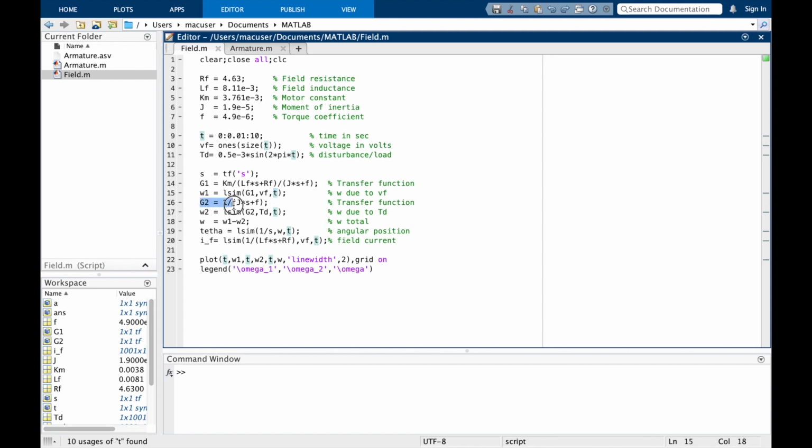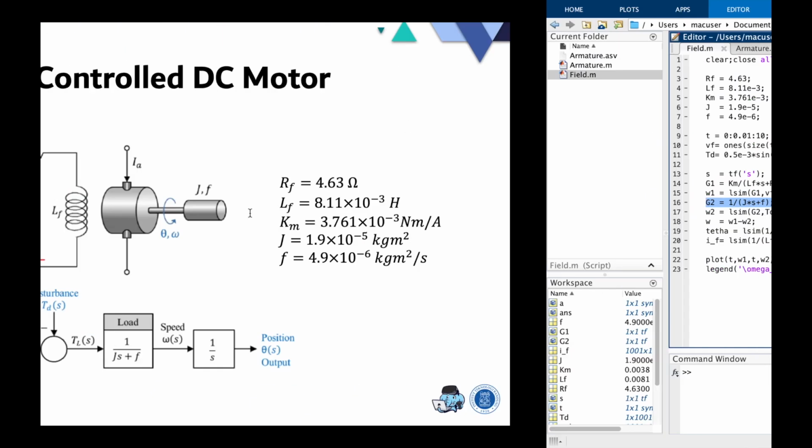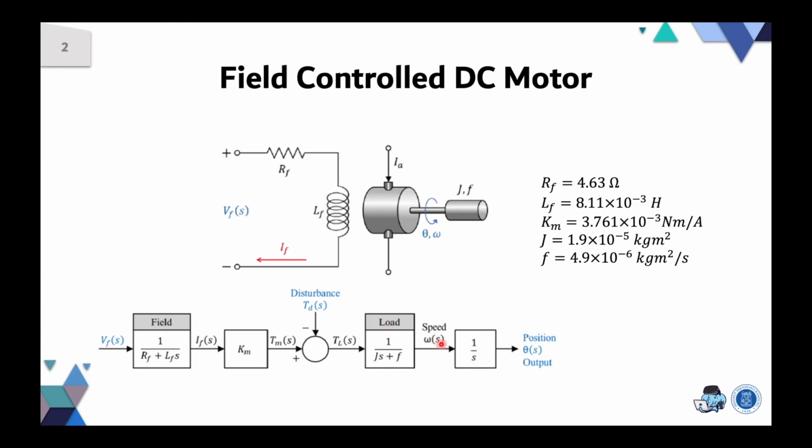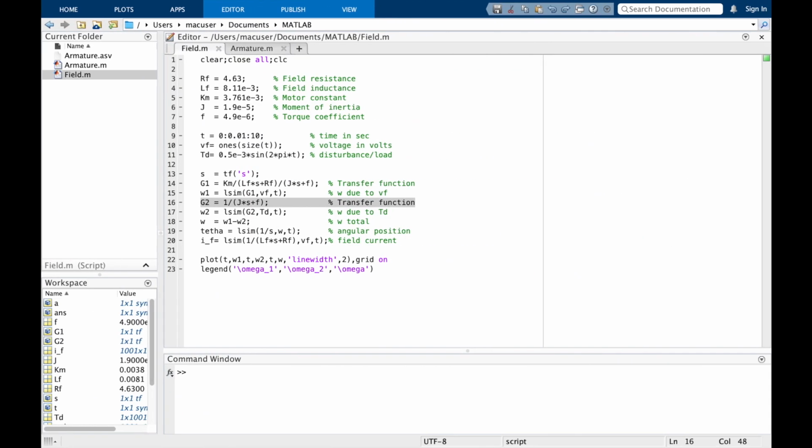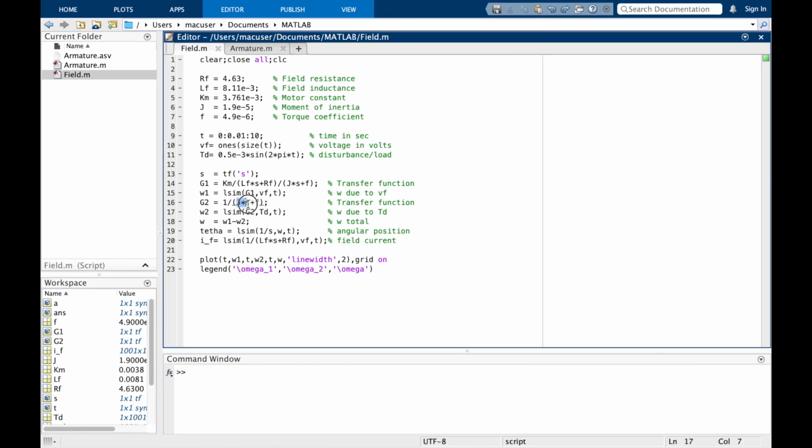Secondly, I'm declaring G2, another transfer function. It correlates the torque of disturbance and the omega. As we can see here, omega is correlated with the disturbance by this transfer function. So G2 consists of this transfer function only, 1 over Js plus F. And omega 2 is the omega that is caused by Td.